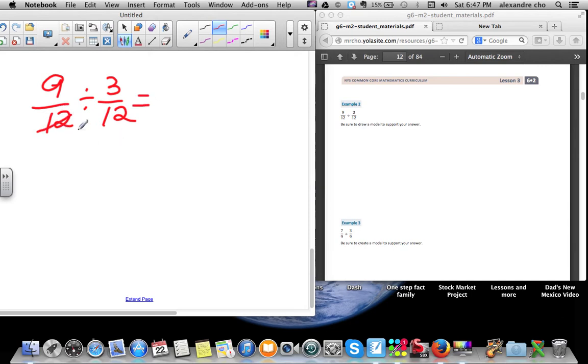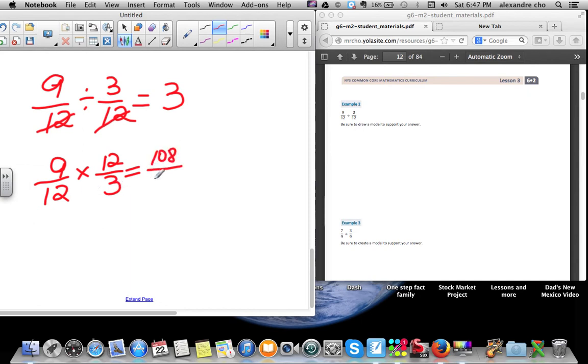You can actually eliminate the bottoms, and it just becomes 9 divided by 3. So the answer is 3. To prove to you why I can cross out the bottoms when they're the same, I will do it by multiplying. 9 over 12 times, we're going to flip that, becomes 12 over 3. 9 times 12 on top is 108.